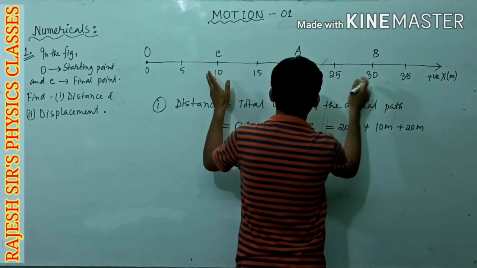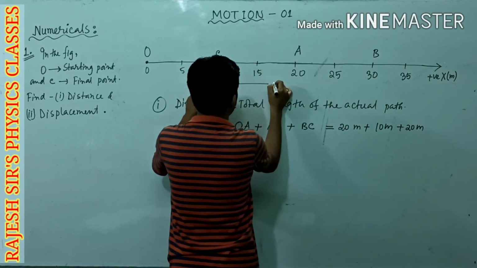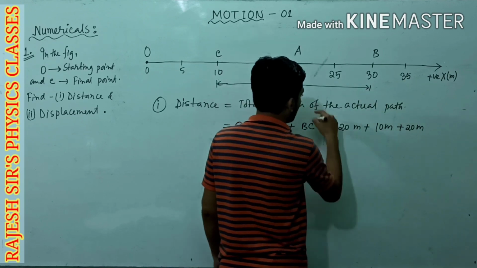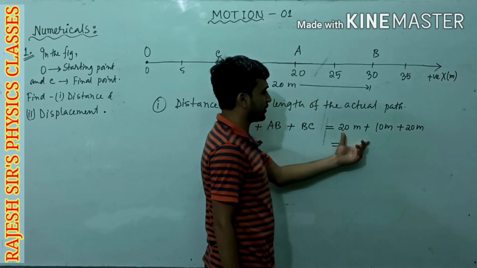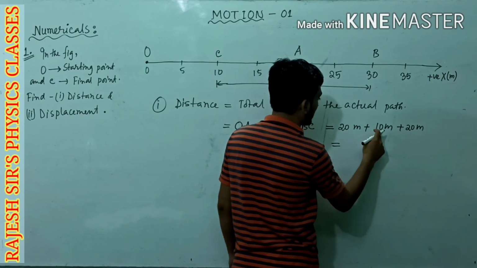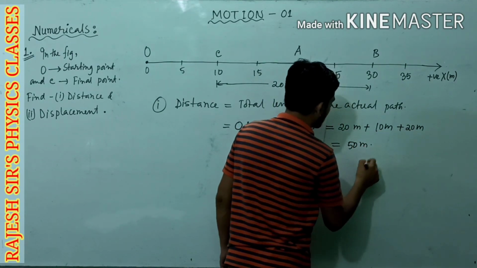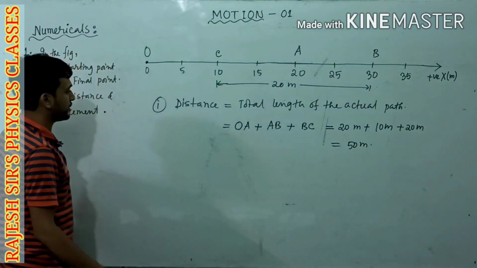This gap is showing 20 meter. You just check it out whether it is coming 20 meter or not. So after calculation, what we are getting? 20 plus 10, 30, 30 plus 20, 50 meter. So 50 meter is the total distance.